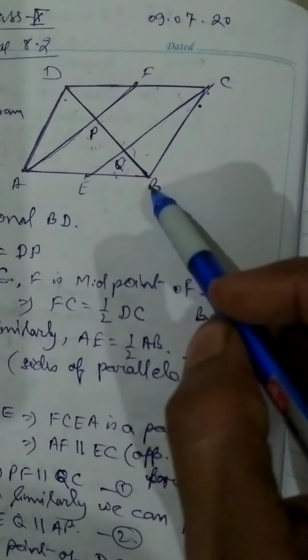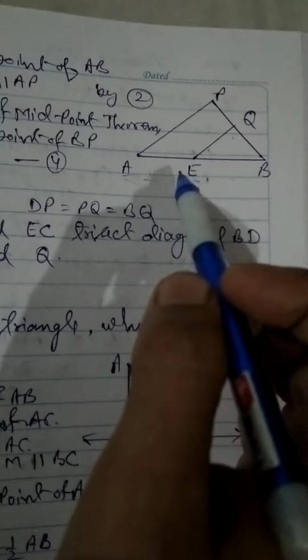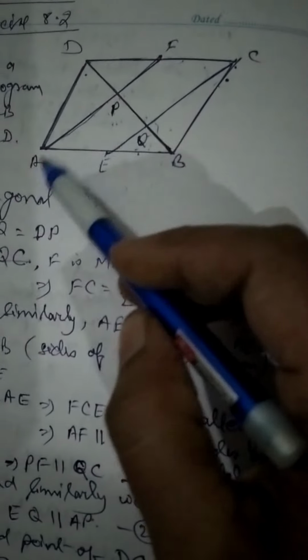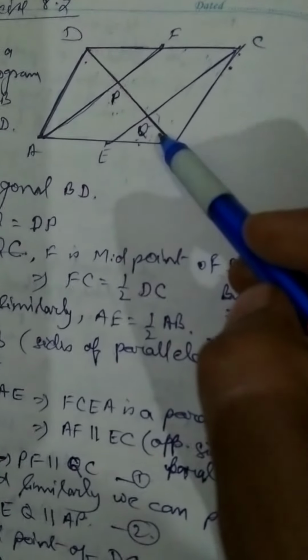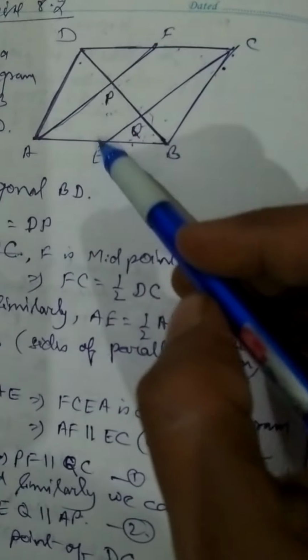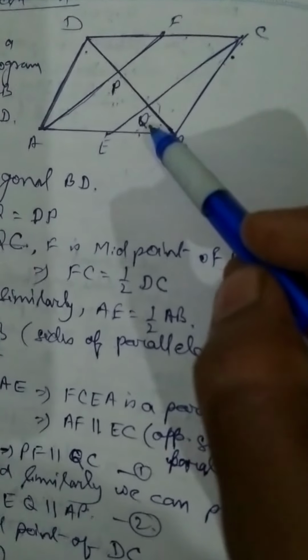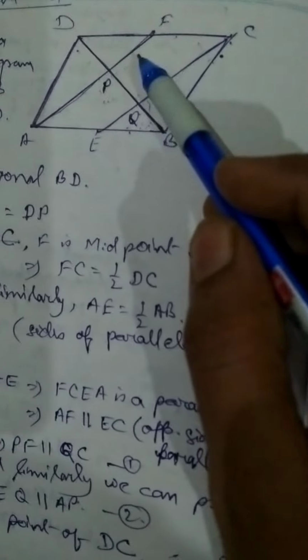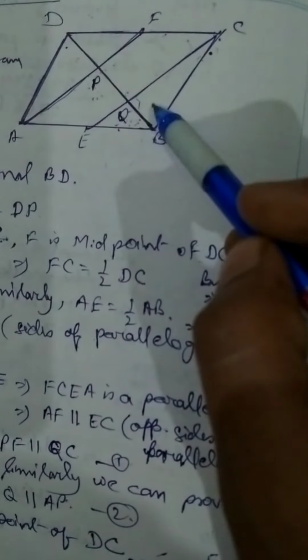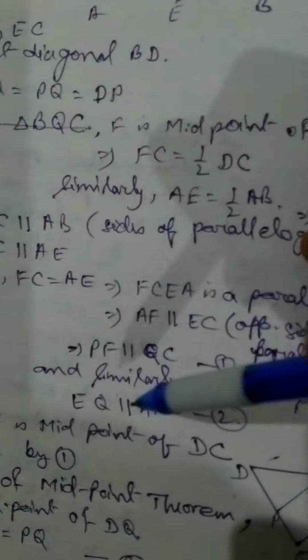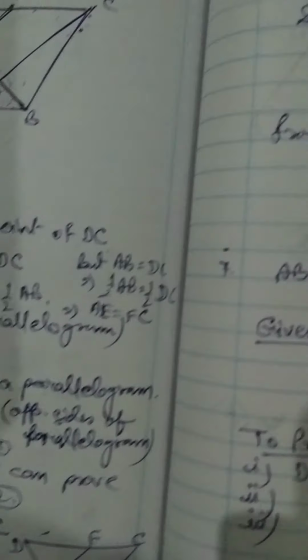And as you proved that PF is parallel to QC, you can prove that AP is parallel to EQ. You don't need to write the other steps because they are similar to those in triangle DQC. So you can write "similarly", we can show that EQ is parallel to AP.